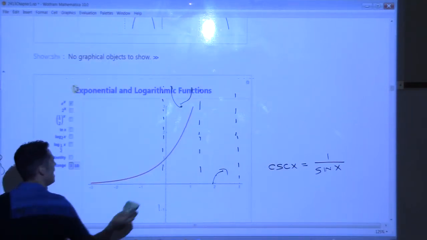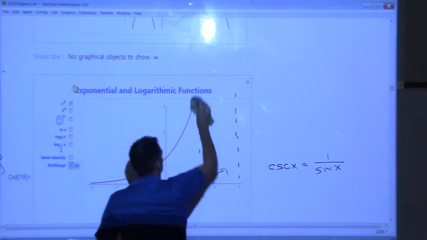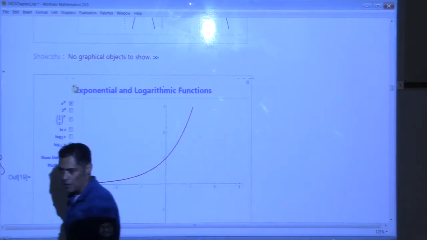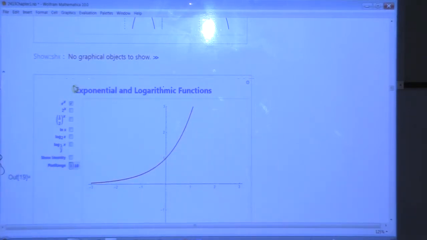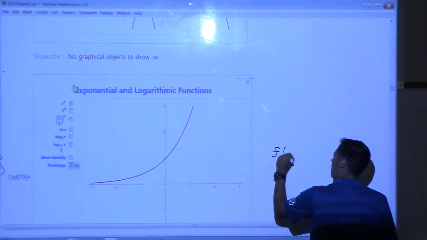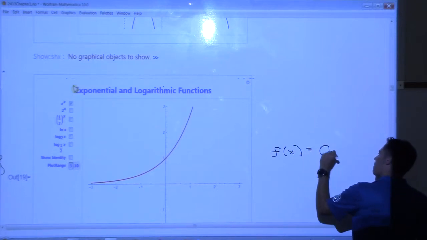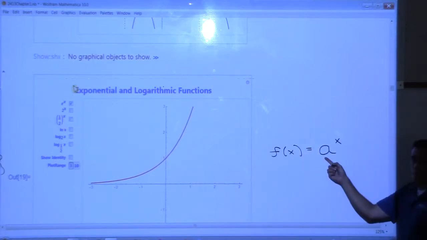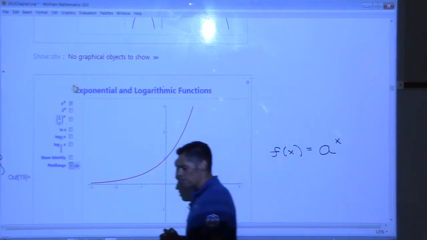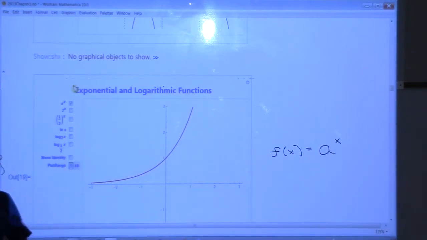Okay, now this is kind of back to college algebra, but we are looking at exponential functions. So all exponential functions look like this. A is called the base of the exponential function. Are there any restrictions on what we can use for A?